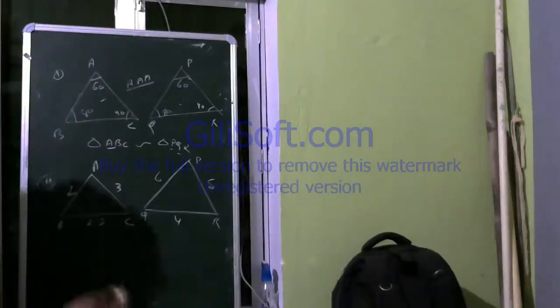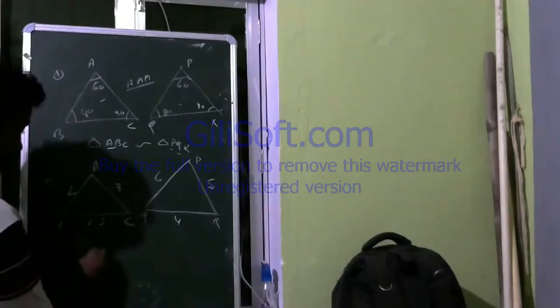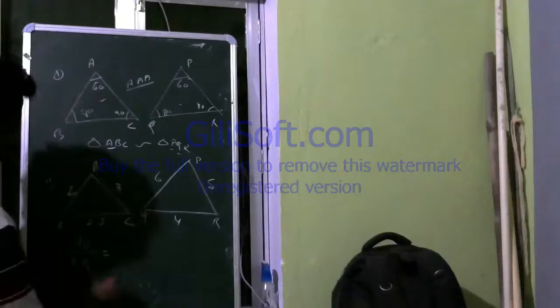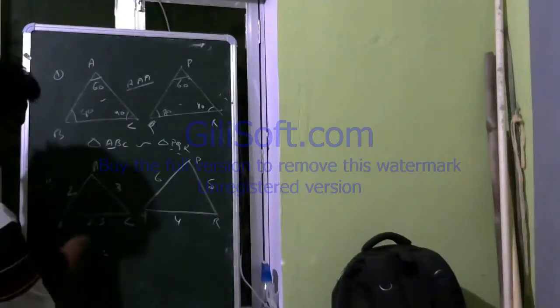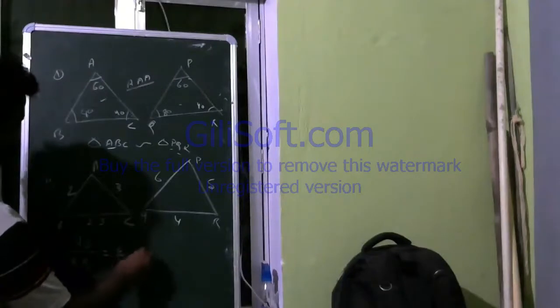So you can see here AB by QR is equal to 2 by 4, that is equal to 1 by 2.